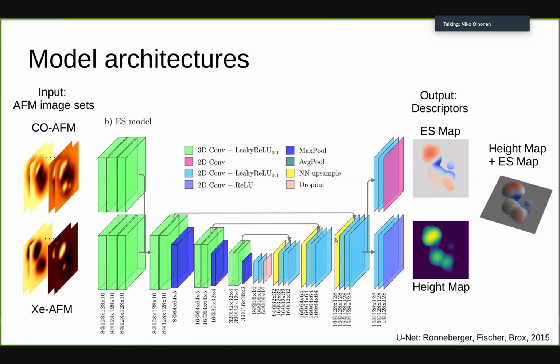The overall structure of the network is quite similar: you have this kind of encoder part where the image size is gradually reduced, and then the decoder which pulls it back to the original size. The biggest difference is these so-called U-Net connections, which come from this very popular variant of the fully convolutional neural network.